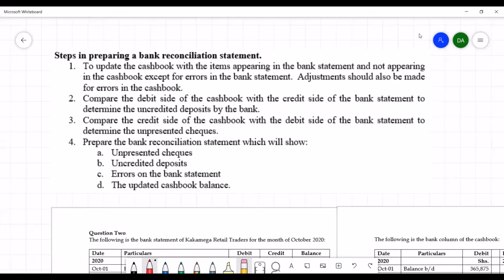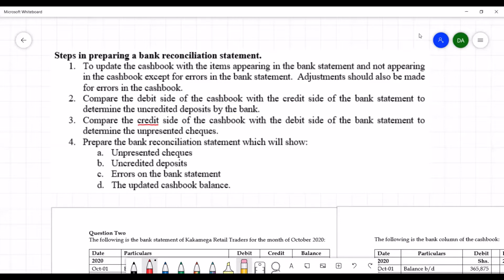Number three, compare the credit side of the cash book with the debit side of the bank statement to determine unpresented checks. And these are checks which have been issued by the business. And issuing a check by the business credits the cash book to mean that such an amount has been withdrawn from the bank.